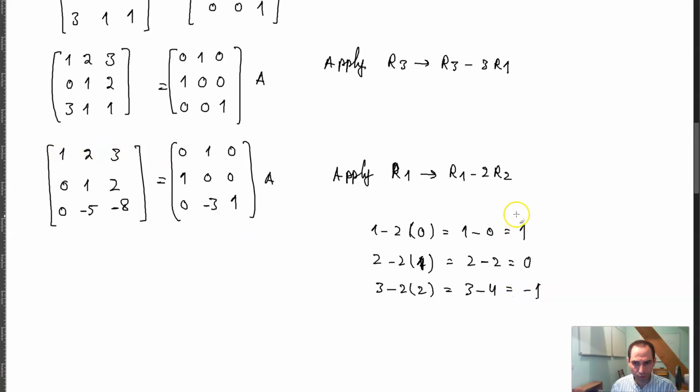So R1 here becomes 1, 0, negative 1, then 0, 1, 2, and 0, negative 5, and negative 8.